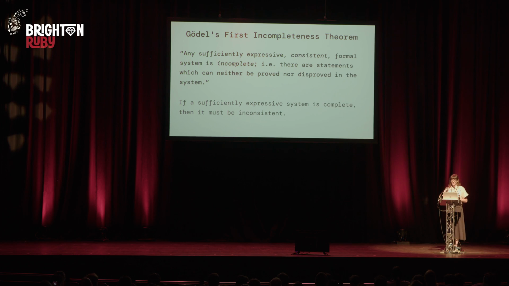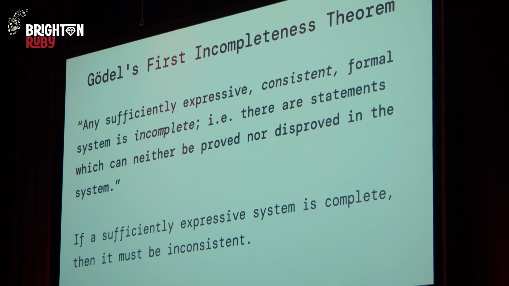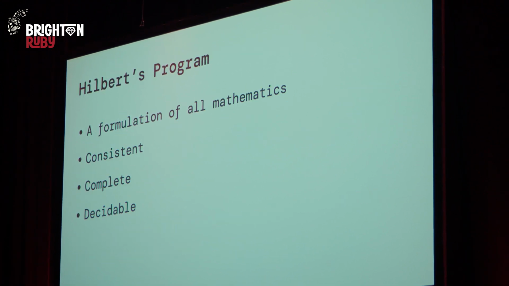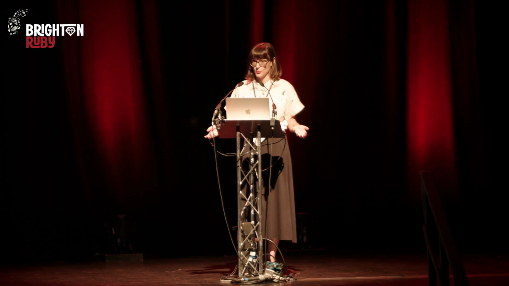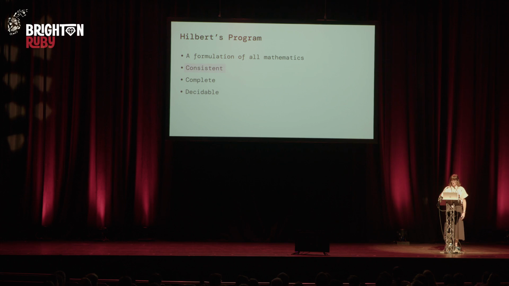So now think back a bit to our printing machine and the riddle, find a true sentence that the machine cannot print. This is actually the heart of it. So if we revisit Hilbert's wish list for mathematics, we know that an inconsistent system is a disaster because you can prove anything and it will render all your proofs untrustworthy. So consistency is non-negotiable.